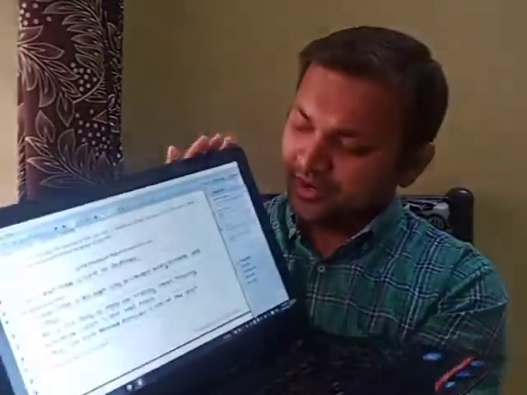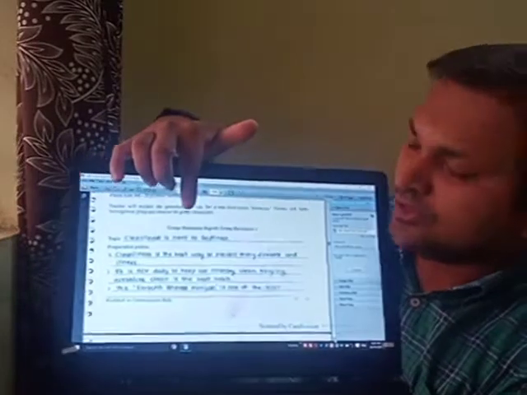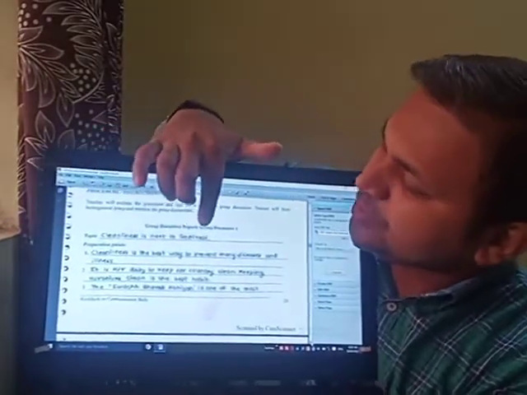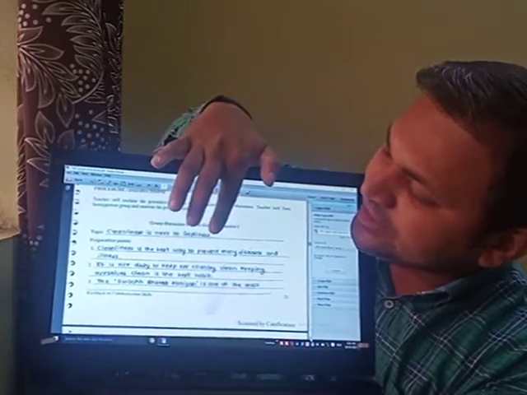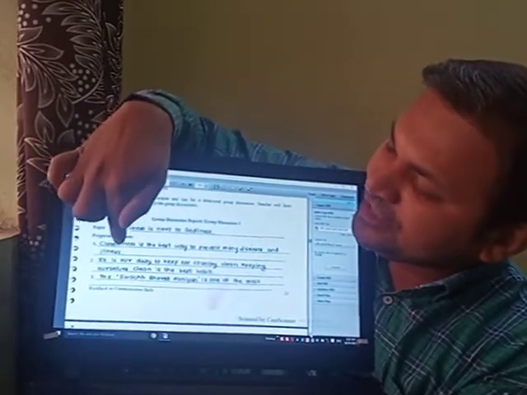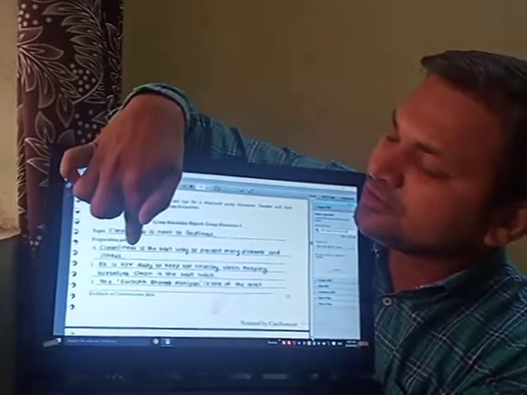Then now you have to write here the group discussion report. You have to write the group discussion topic and the points you have prepared for this group discussion. So here on page number 21, you have to write. This is group discussion report, group discussion 1. Here the topic is cleanliness is next to godliness, and you have to write preparation points on the below lines.